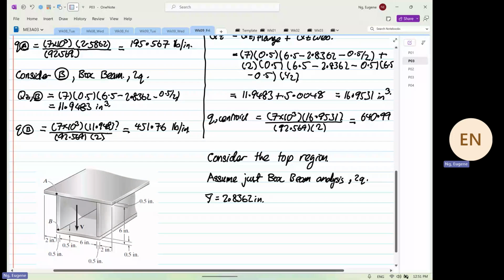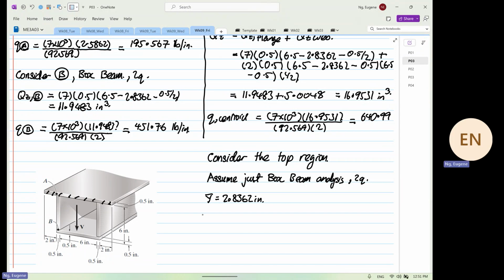We are going to take the first moment of area at the flange. QZ is equal to QZ at flange plus QZ of the web. As I said, we are considering the top region.